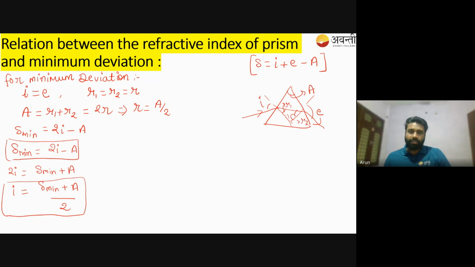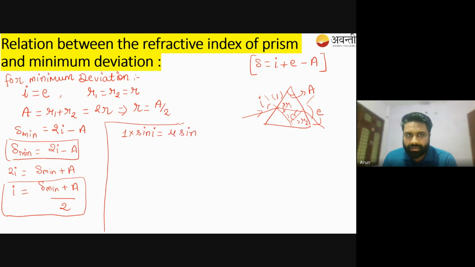If we apply Snell's law here, because we have to involve the refractive index of the medium, on the first boundary, first refraction, what will it give us? The refractive index of the outer medium, which is air, so 1, multiplied by sine I, is equal to mu times sine r.